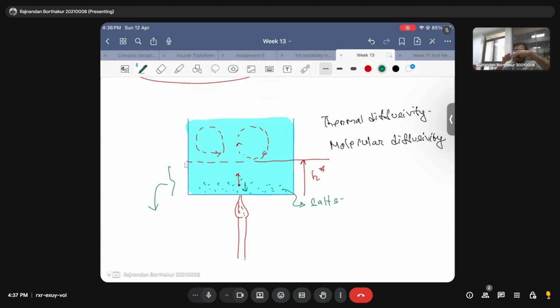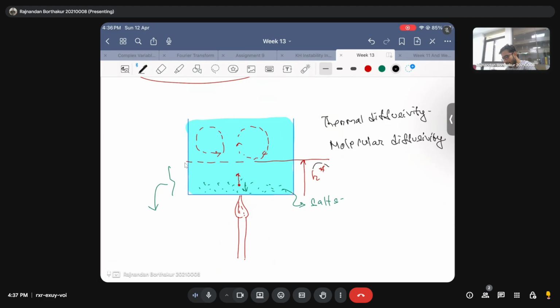But as we move up, the concentration of salt is less, and the thermal diffusivity coefficient is much greater than the molecular diffusivity coefficient, which results in creating a flow that will now move up after a certain, let's say, h star.